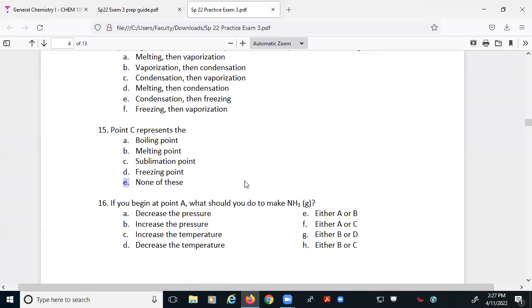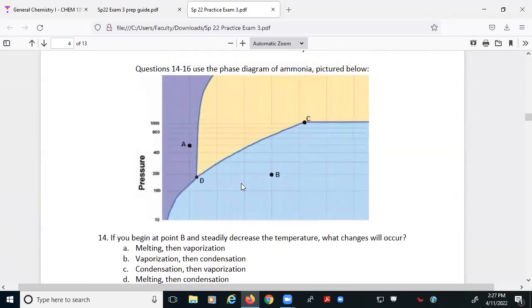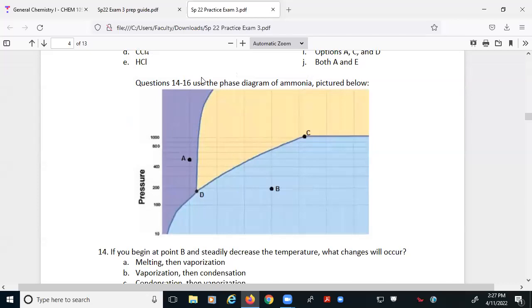The last question, if you began at point A, what should you do to make gaseous ammonia? So again, this is where we have to take into consideration what our substances are. This was a liquid, this was a gas, this was a solid.